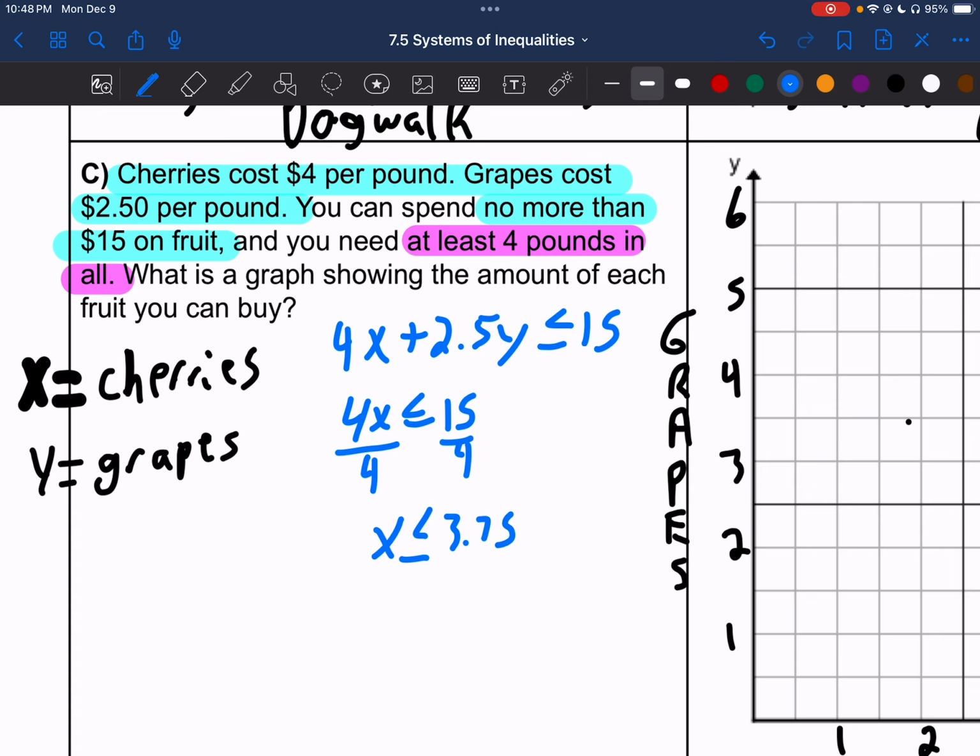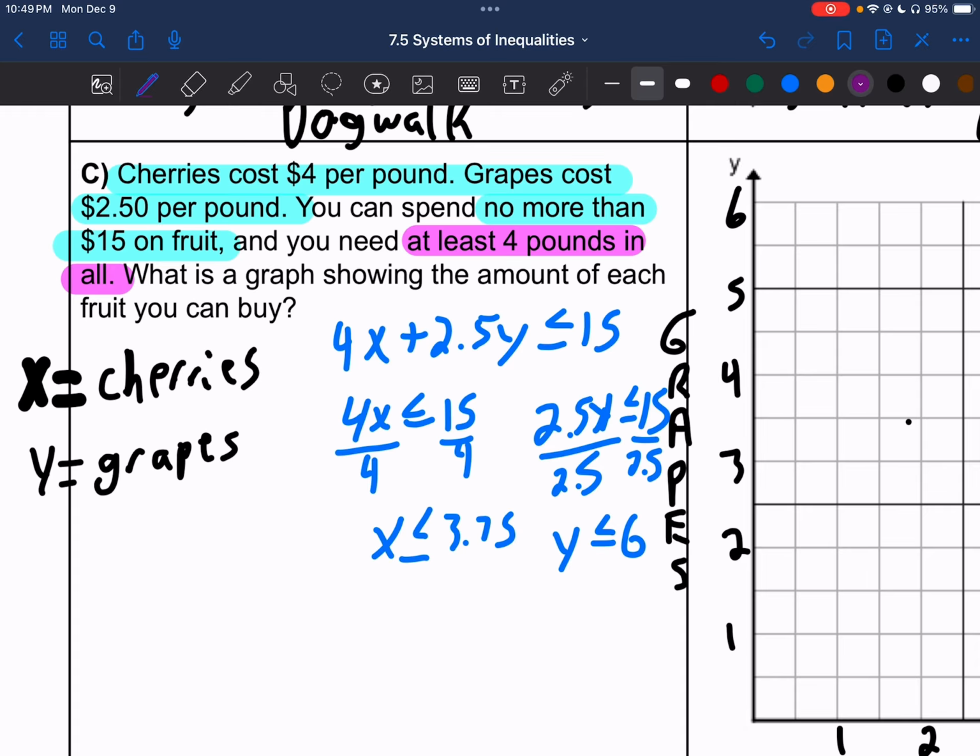If we only bought grapes, divide by 2.5, y would be less than or equal to 6. So we'd be able to buy 6 pounds of grapes if we only bought grapes, and we could buy 3.75 pounds of cherries if we only bought cherries.